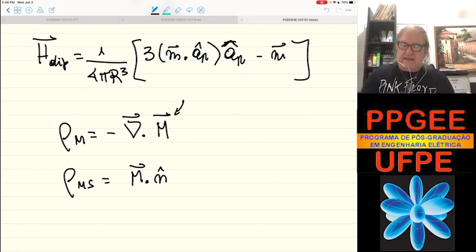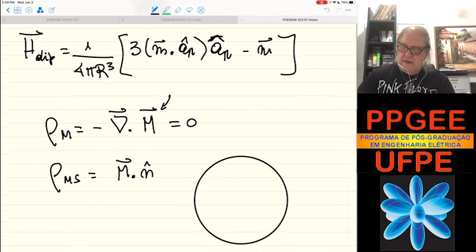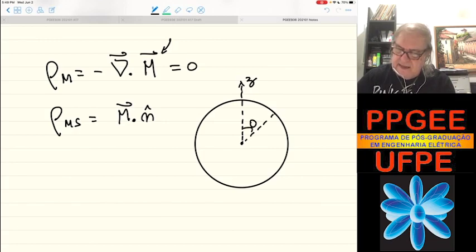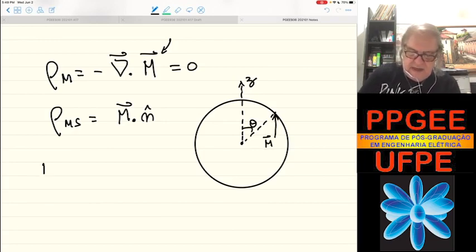Well, if the magnetization is constant, the volume term is going to be 0. And here, let's call that z, that's theta, and m is like this, so m is constant.